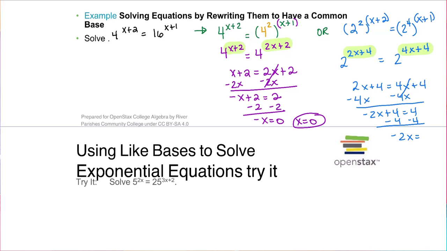Negative 2x equals 0. When I divide both sides by negative 2, I get 0. So either way, you are going to get 0. Okay, so that's how you solve exponential equations, where you can rewrite each side with a common base.